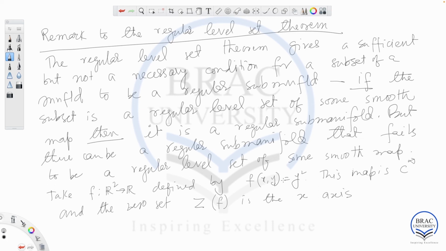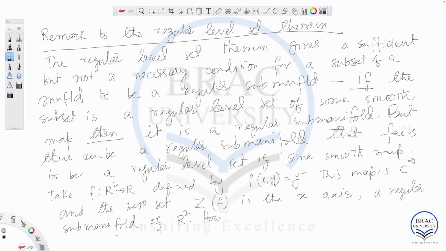For any value of x, we are going to have f of x comma 0 equal to 0, so the zero level set of this function is the whole x-axis. And the whole x-axis is a regular submanifold of R2. Okay.